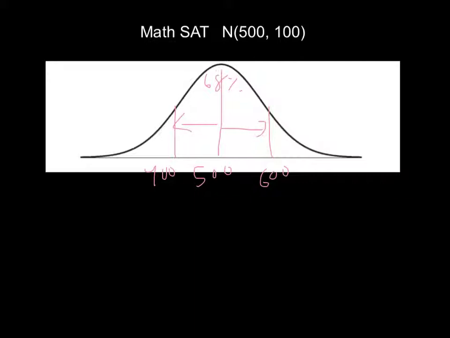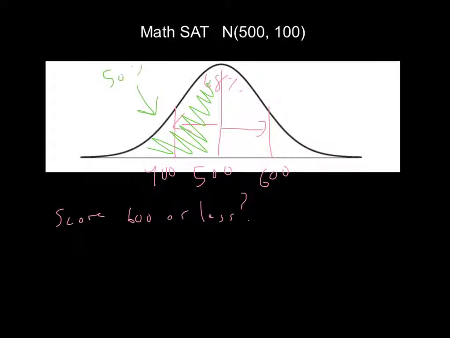But what if we wanted to know something like, what percentage of students score a 600 or less? Well, just think about this in a simple fashion. That mean is halfway. It cuts the data set right in half. So to the left of 500 is 50%.